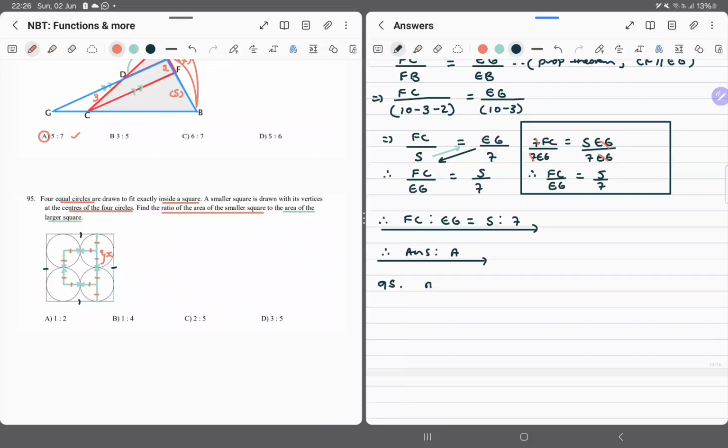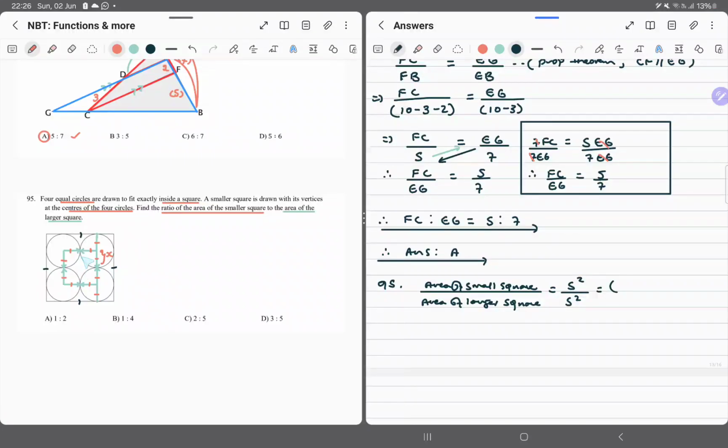We can say here area of the small rectangle, not a rectangle but square. You can say small square over, because we're supposed to find the ratio of the area of the smaller square to the larger one. Say area larger square is going to be, remember this is s squared over s squared.